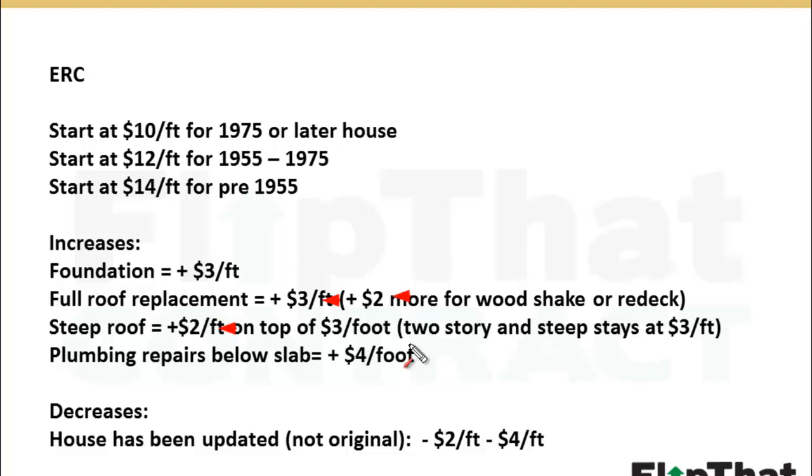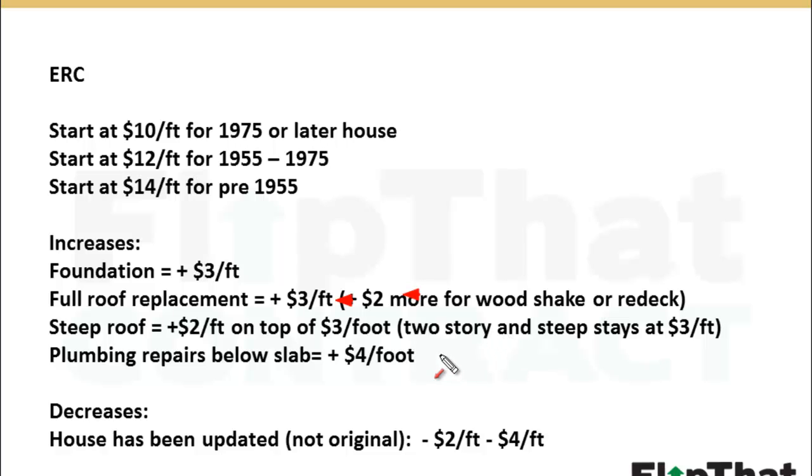Now, if it's a two-story house, because a lot of the square footage is redundant, what you're going to want to do is stay at the original $3 a foot. Now, if it needs to be redecked, you add the 2, and so you'd be at $5 a foot, because you don't do the steep roof on the two-story because the square footage repeats itself.